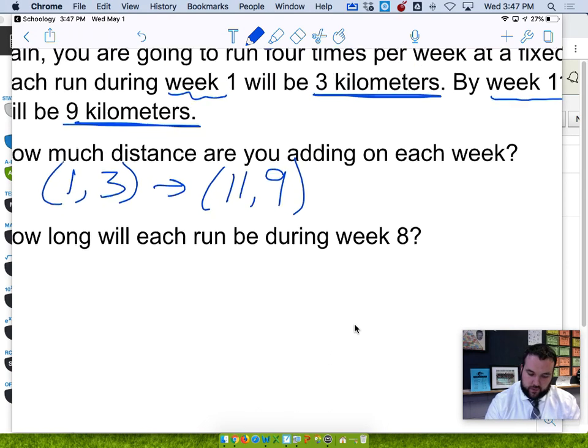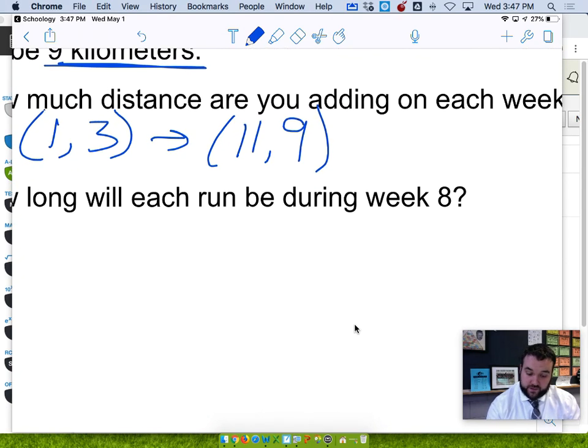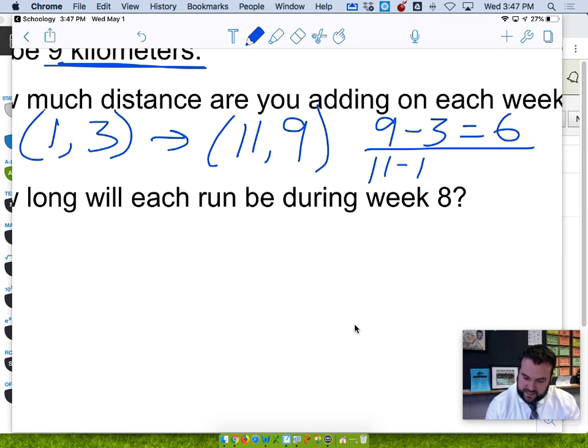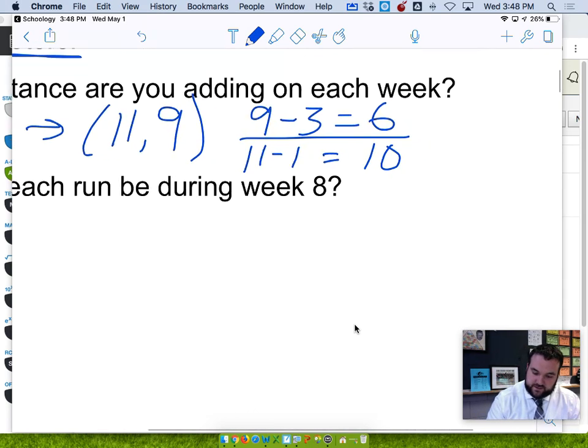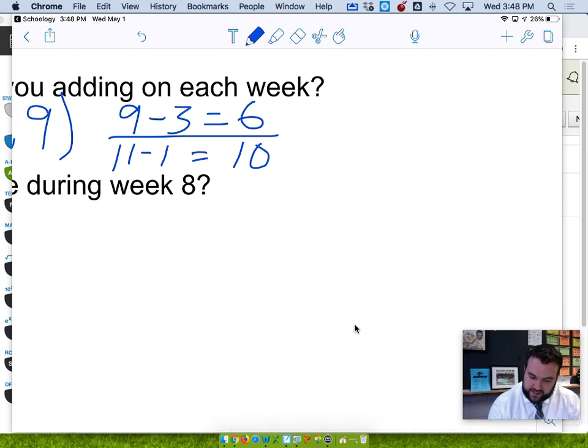We're running from 3 kilometers per run to 9, so that is an increase of 6 kilometers. And that increase is happening over a 10-week time span, because 11 minus 1 is 10. So we're basically treating it like slope, y2 minus y1 over x2 minus x1. And this is going to equal 6 divided by 10, or 0.6 kilometers you are adding on per week.